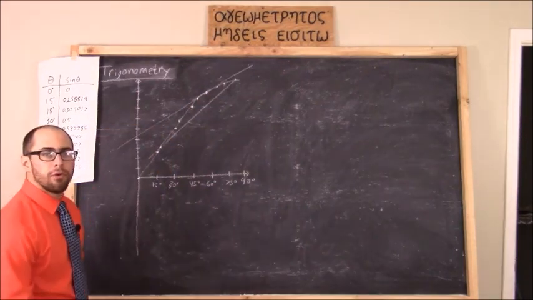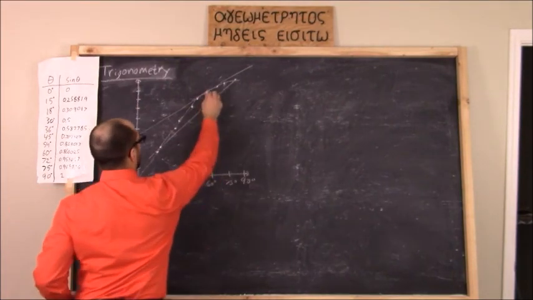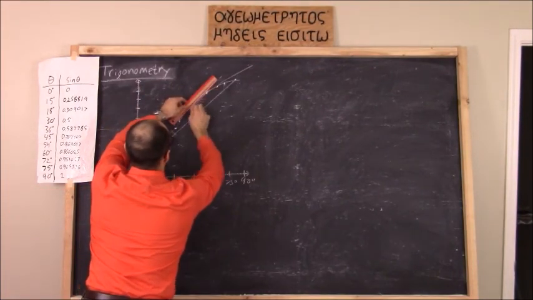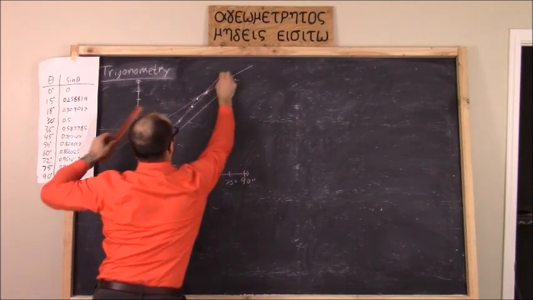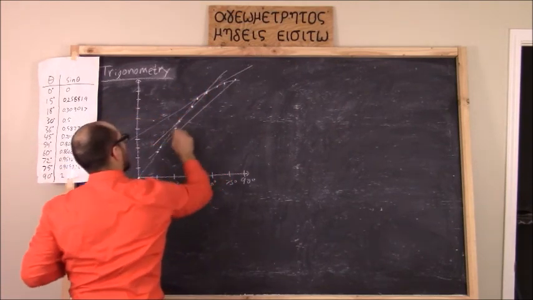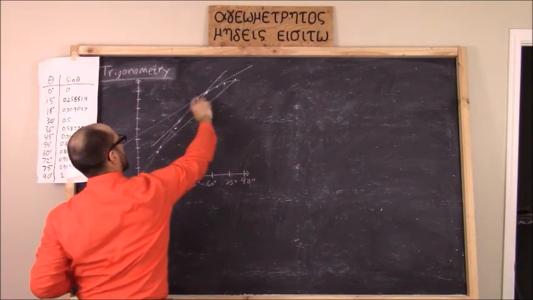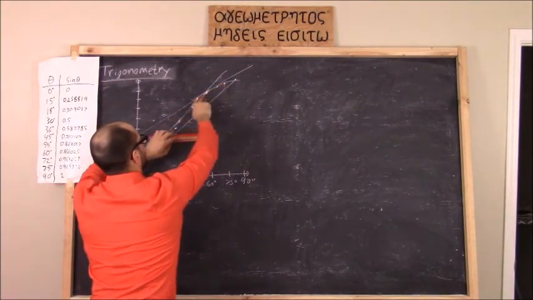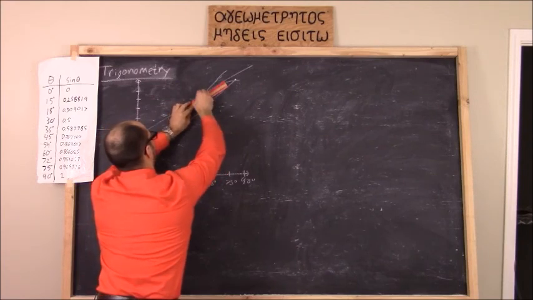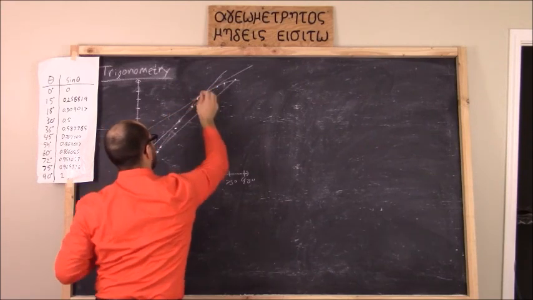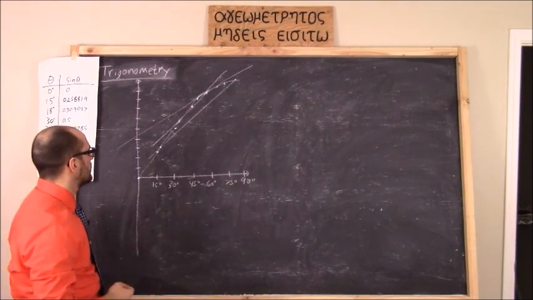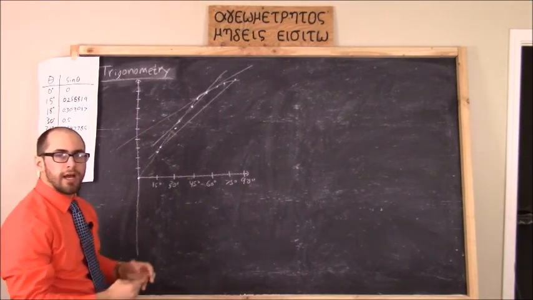If I were to pick points closer to the middle, say this point and this point, that gives me a little closer approximation. And then if I go to these 2 points, which are closer still, now our answer is getting even closer. So we can approach the more exact value.